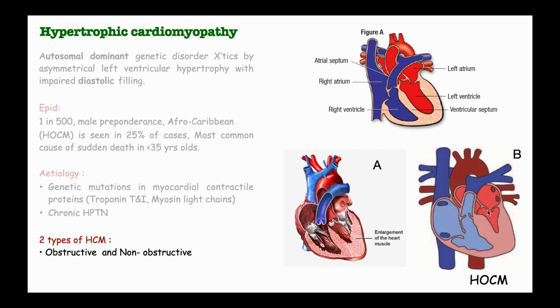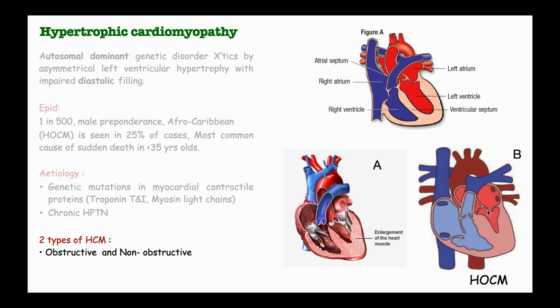And so we call this the systolic anterior motion of the mitral valve. And these patients are usually prone to getting mitral regurgitation because once the mitral valve has been pulled towards the septum, blood can easily flow backwards into the left atrium during contraction.